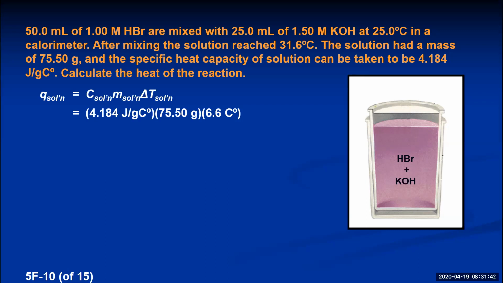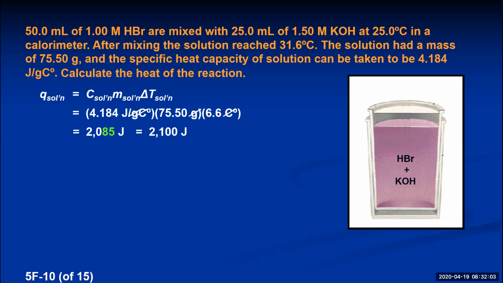Because it's positive, that means the water is absorbing heat, which is what we'd imagine from the picture we just saw. The grams cancel out, the Celsius degrees cancel out, and the answer comes out in joules to two significant figures because of the 6.6 Celsius degree change, as 2,085 joules rounded to 2,100 joules.